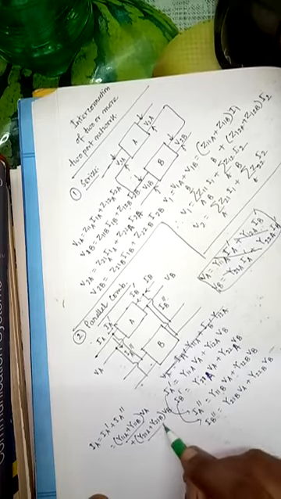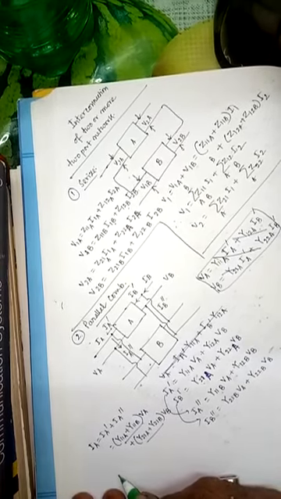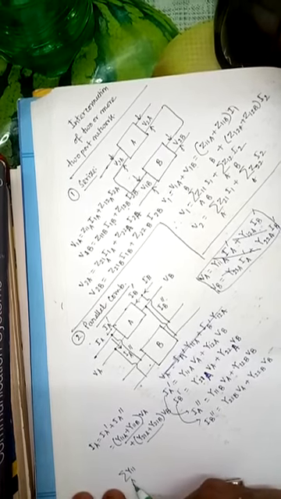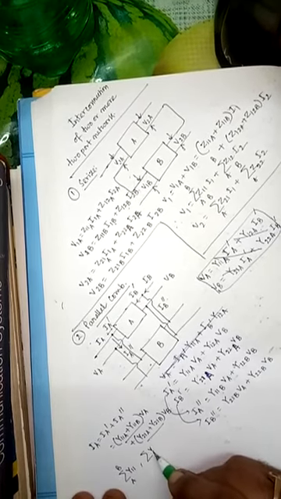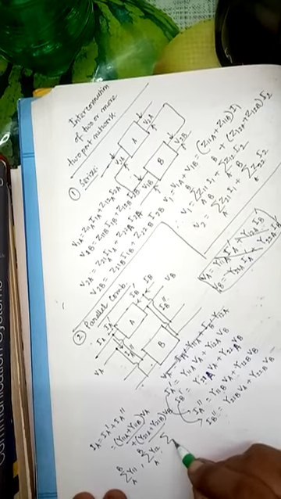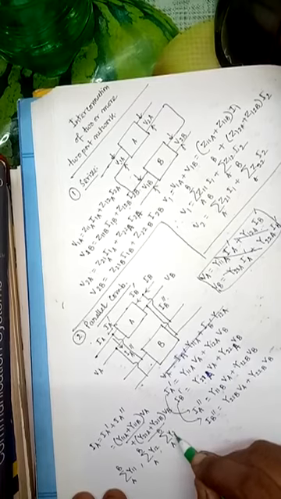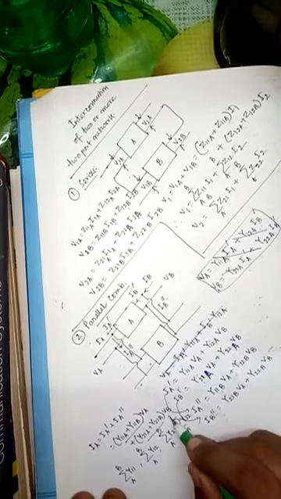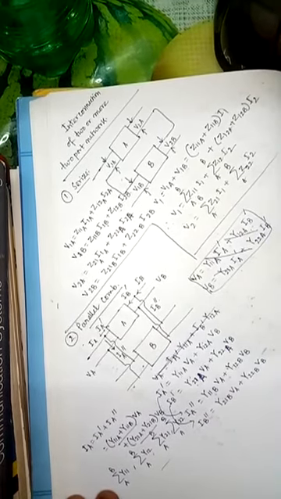So this is the output. So what is the final output of this network? It is a summation of Y11A to B, again the summation of Y12A to B, the summation of Y21, the summation of Y22A to B. So this is a case of parallel combination you have to find out.